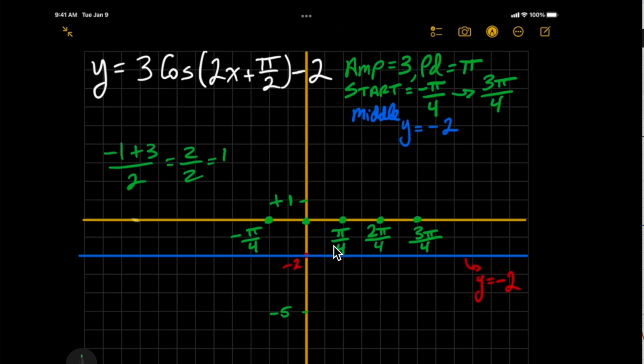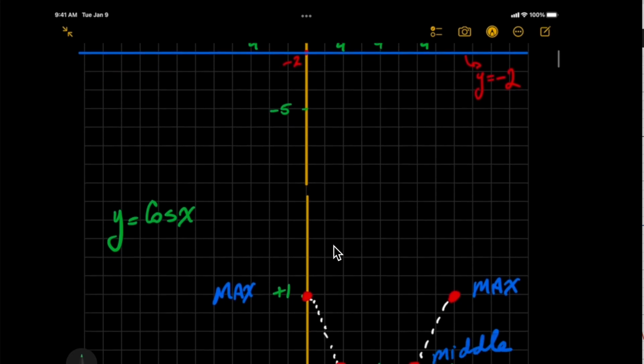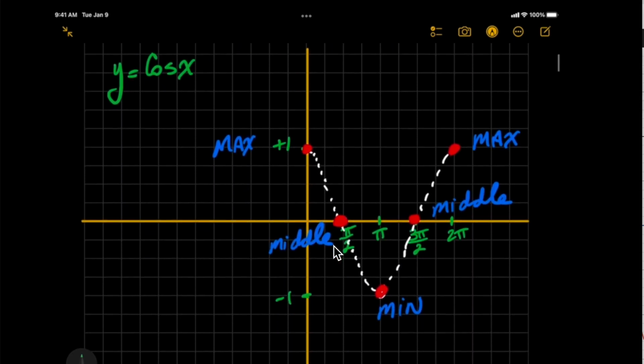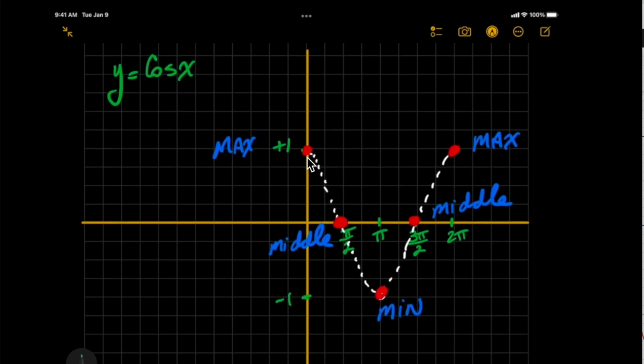Now, folks, if you look at the cosine function, the parent function, you could see that it starts off at its maximum point. Then 1/4 of a period later, it's in the middle. Another 1/4 of a period later, it's at the minimum, back to the middle, and to the maximum.